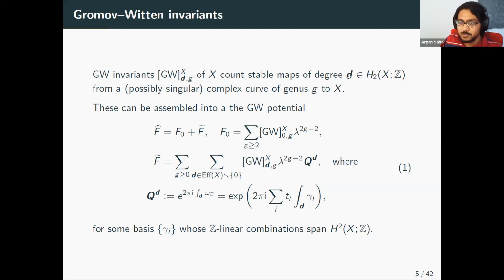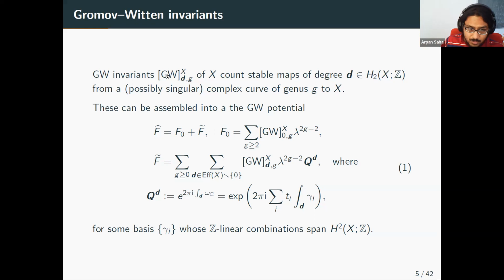By the way, the tuple has to be non-negative because we're looking at holomorphic curves, so there is a preferred orientation there, right? And the number of such maps is the genus g degree d Gromov-Witten invariant, in a certain rough sense. I'll not be more precise than that.